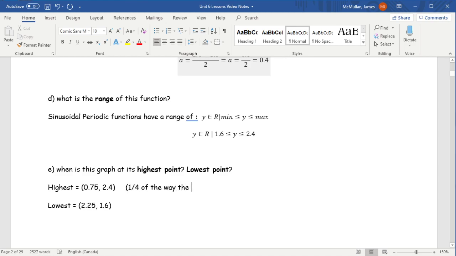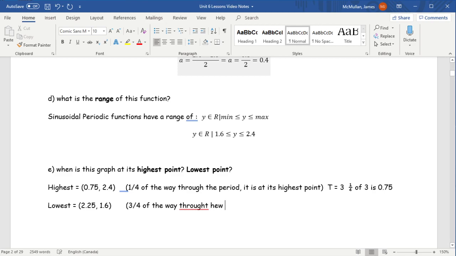1/4 of the way through the period, it is at its highest point. Remember that the period was 3, so 1/4 of 3 is 0.75. That's where I got that from. It's at the lowest 3/4 of the way through the period.